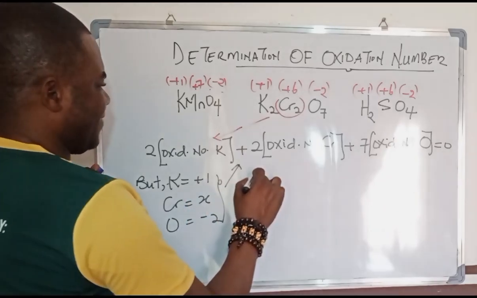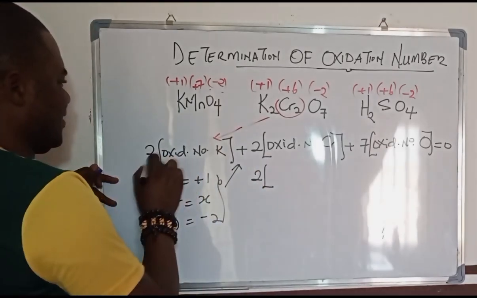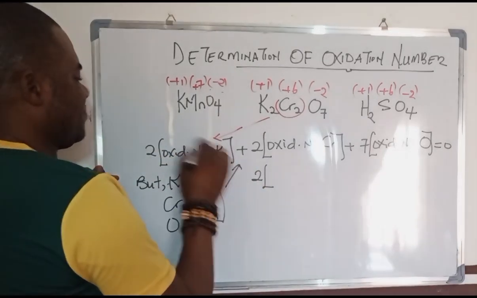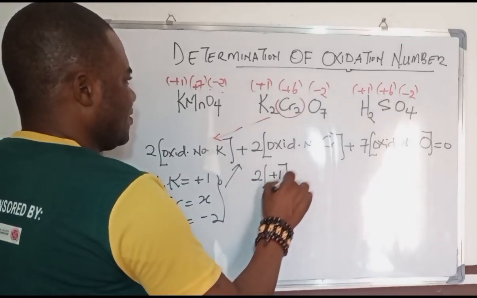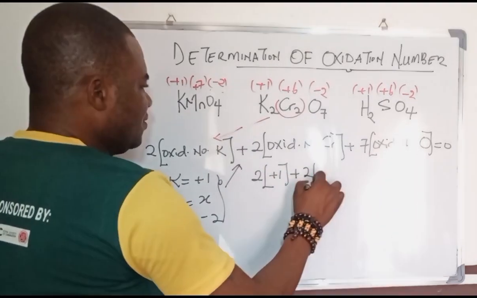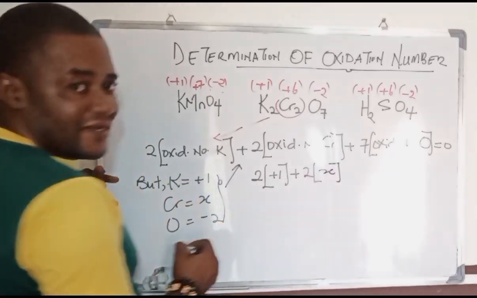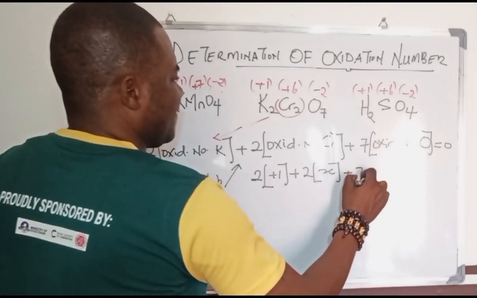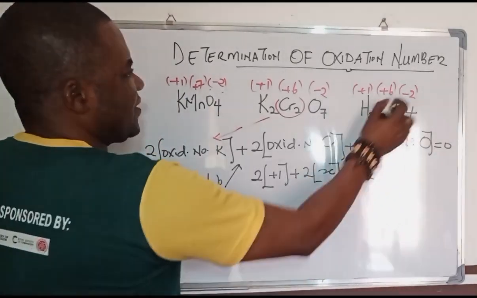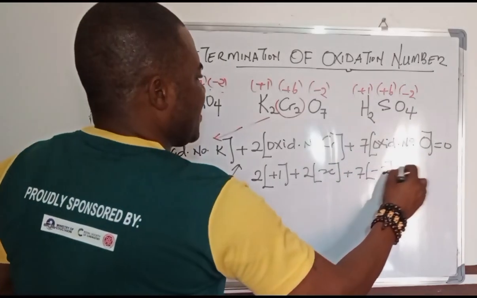We are going to have 2, which is this, times the oxidation number of potassium, +1, plus 2 times the oxidation number of chromium, which we do not know, x, plus 7 times the oxidation number of oxygen, -2, equals 0.